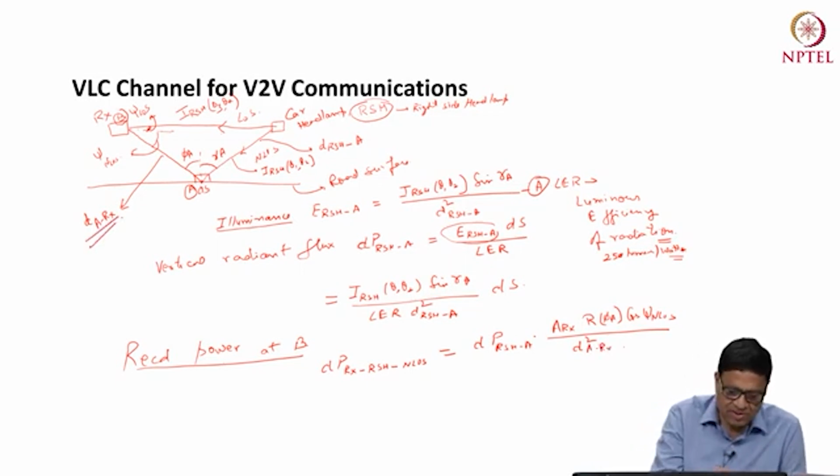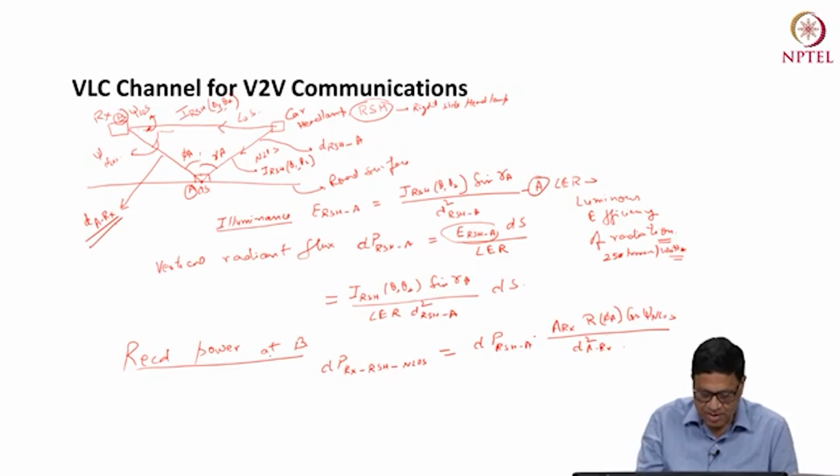So we are talking about this distance. This is the received power because of the vertical radiant flux from area ds on the road surface.